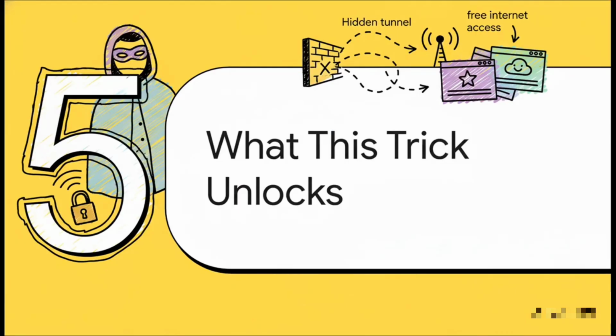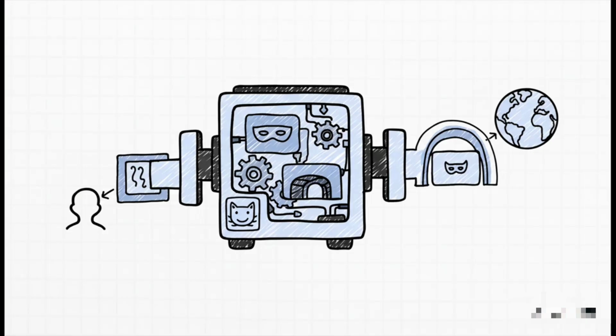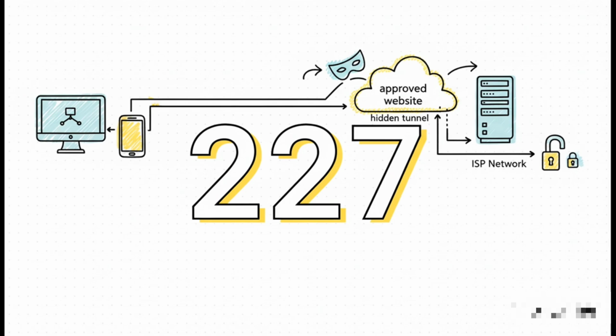Okay, so we've been talking a lot about the how. Let's get to the so what. What does this clever trick actually unlock in the real world? Well, this whole process we've been describing is all automated by a tool you can find right on GitHub called SNI Injector. It's basically a script that does all the heavy lifting for you, the digital disguise, building the tunnel, the whole shebang. And this isn't some obscure theoretical thing.